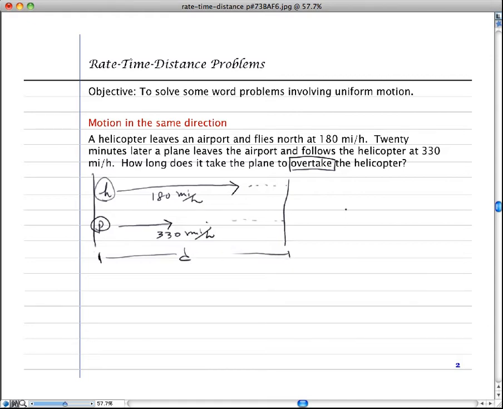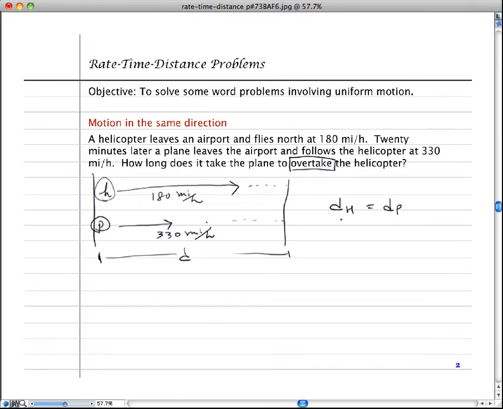So the main point here is that the distance traveled by the helicopter is the same as the distance traveled by the plane. In the previous example, the distances of the two added up to something else. Here, the distance they've traveled is the same.